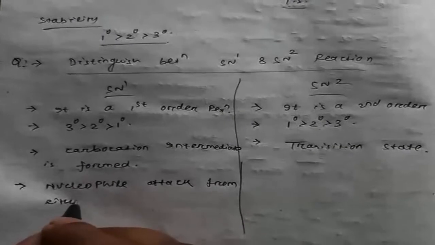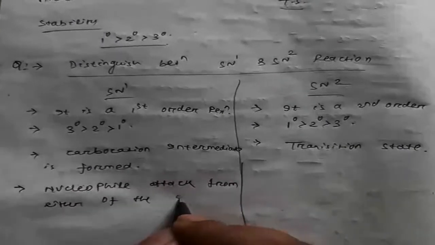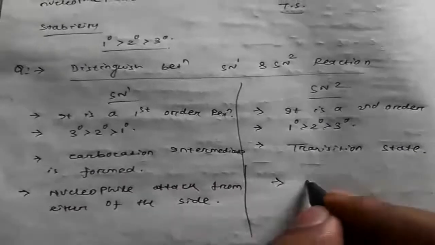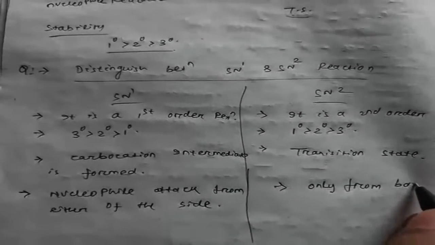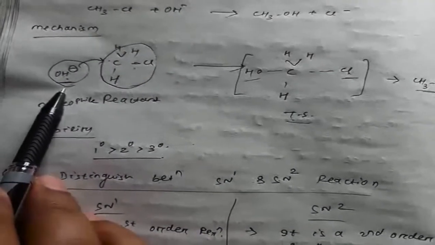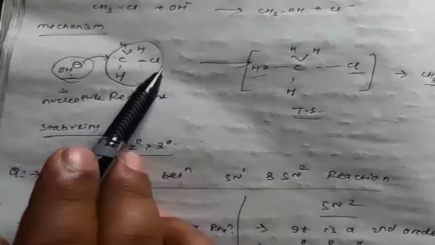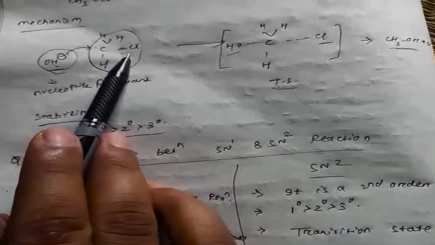But in SN2 reaction, only from the back side. In SN2 reaction the nucleophile attacks only from the back side because one nucleophile Cl- is already present here, so the nucleophile attacks from the back side.